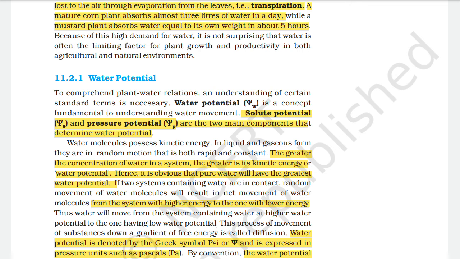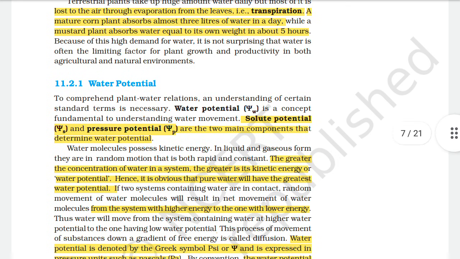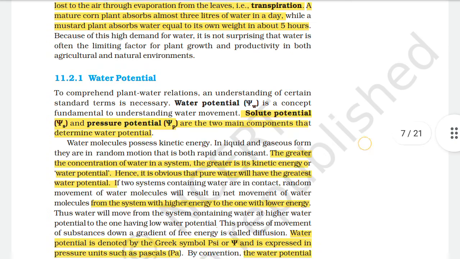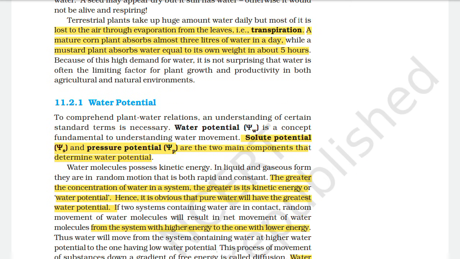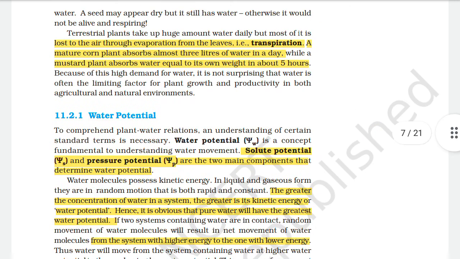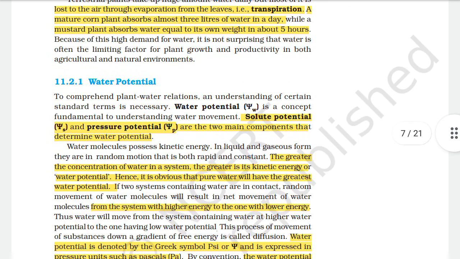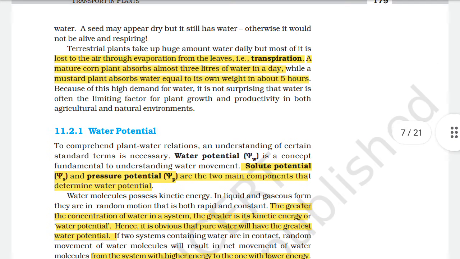Next example is given here: a corn plant absorbs almost 3 liters of water in a day. A mustard plant absorbs water equal to its own weight in just about 5 hours. You see how important water is, and it is of course a limiting factor for plant growth. In the coming days it can become a very important limiting factor.